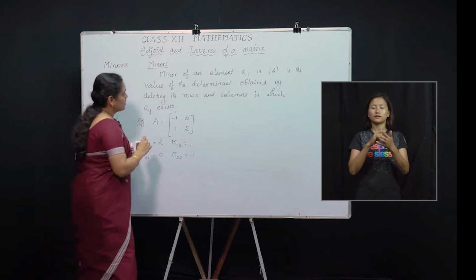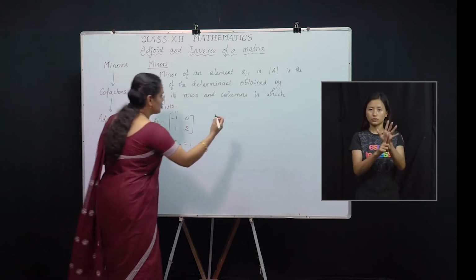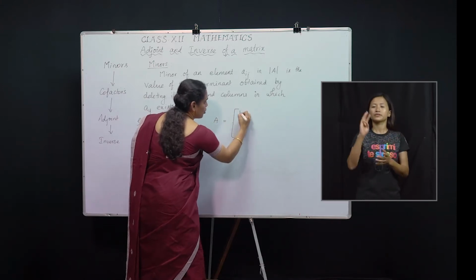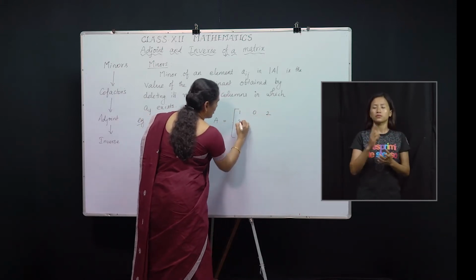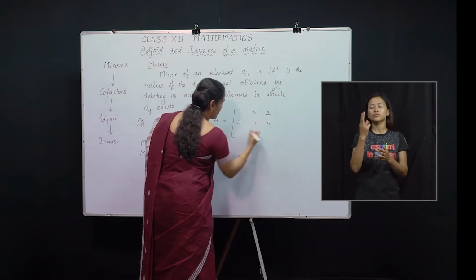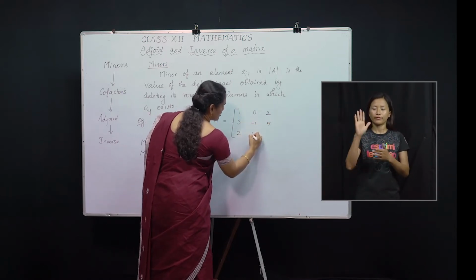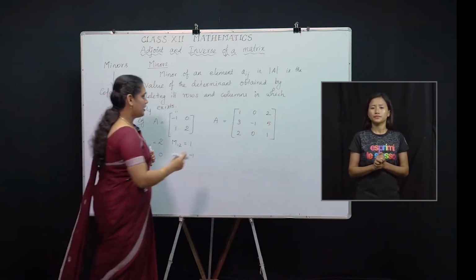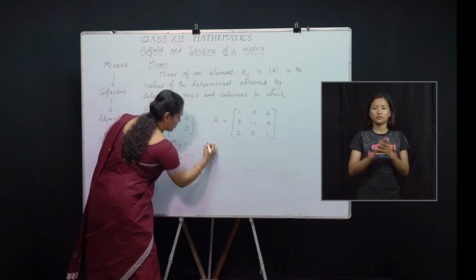Okay. Next, I'll show you one 3 by 3 matrix. Let us take A: 1 0 2, 3 -1 5, 2 0 1. Here there are 9 elements, so we will find them one by one.